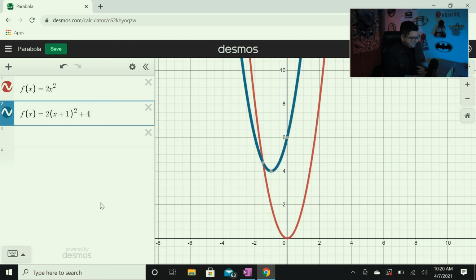And I can see that my vertex is definitely at -1 comma 4, and the axis of symmetry is definitely here at x equals -1. We can see how the graph just literally got pushed up and moved to the left just a little. Hopefully you can picture that in your head just by looking at the equation written in vertex form.